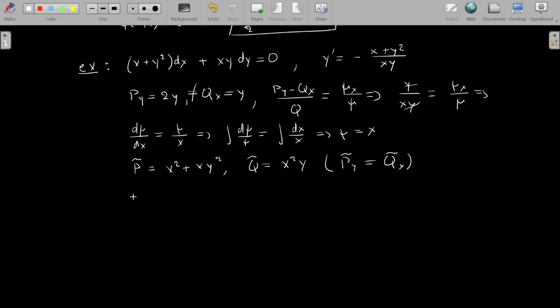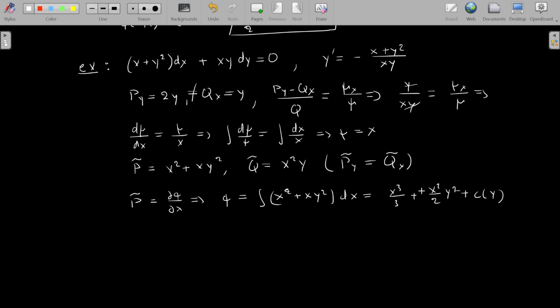So now we know that the new P is equal to ∂φ/∂x. So our function φ is the integral of P tilde dx, which is the integral of x squared plus x y squared dx. And again, don't forget the constant which depends on y. So this is x cubed over 3 plus x squared over 2 y squared plus our constant.